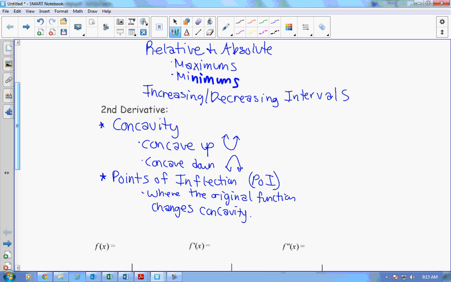Okay, a good example of this would be the x cubed function. Do you see any concavity on that? Yeah, from here to here, it's essentially concave down.